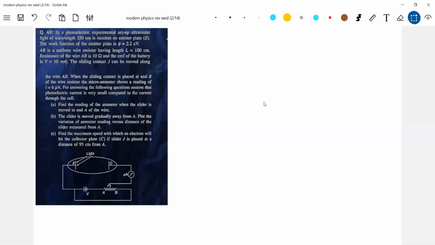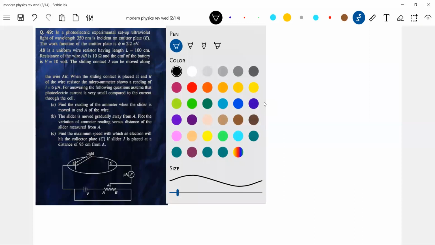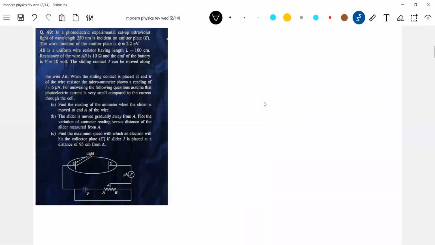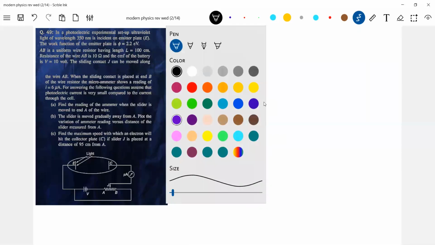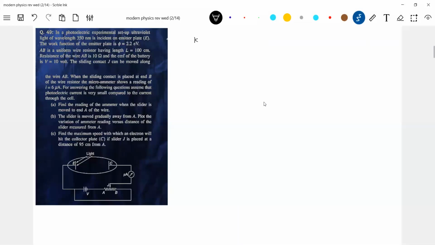We have some information. First, we'll calculate the maximum kinetic energy. Kmax we will calculate, then we can get into the problem. So Kmax equal to hf minus work function, hc by lambda.